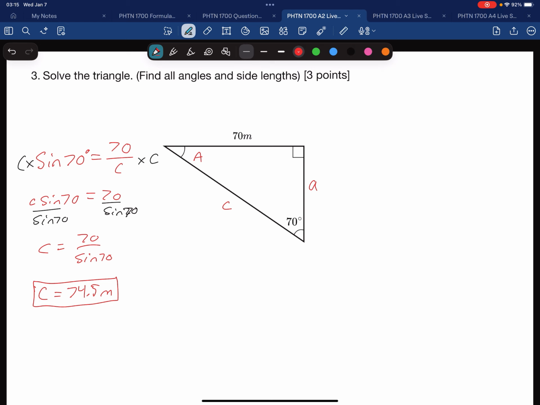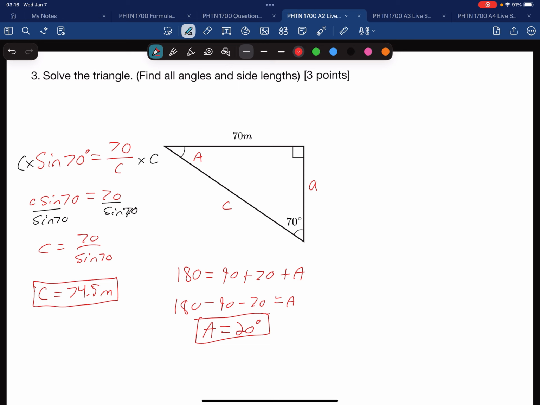Okay, so now let's find angle A. Again, we know that 180 is equal to 90 plus 70 plus angle A. So we're going to get 180 minus 90 minus 70 equals A. So A equals 20 degrees.